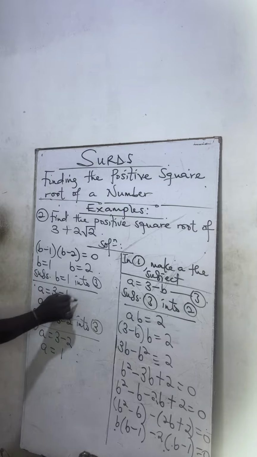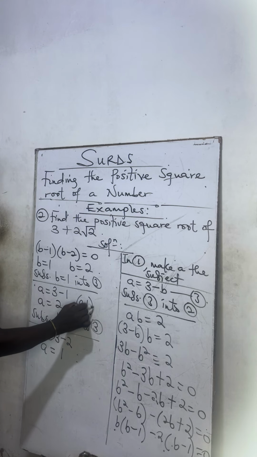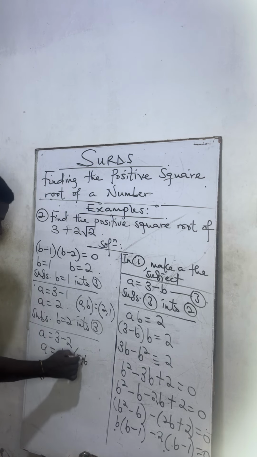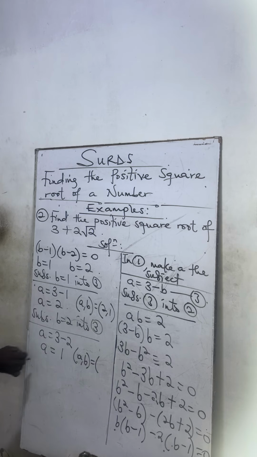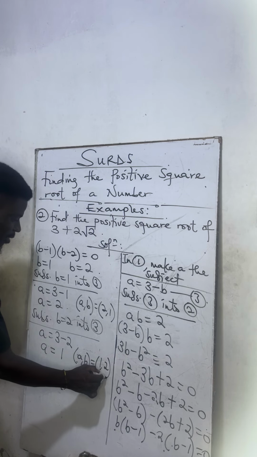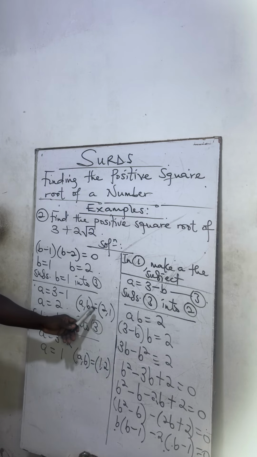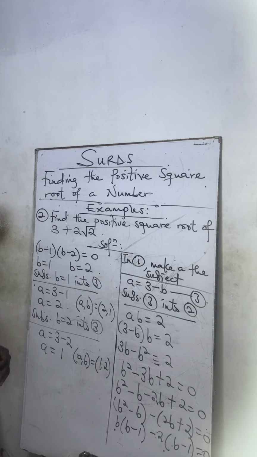So if a is 2, then b is 1. If a is 1, then b is 2. So this is what we have: a, b is 2, 1 or 1, 2. Very, very simple.